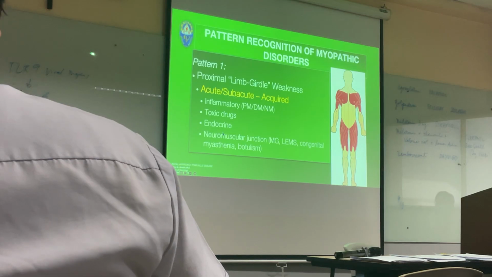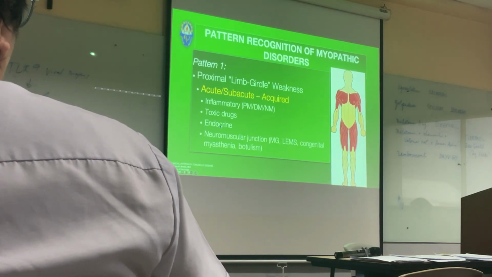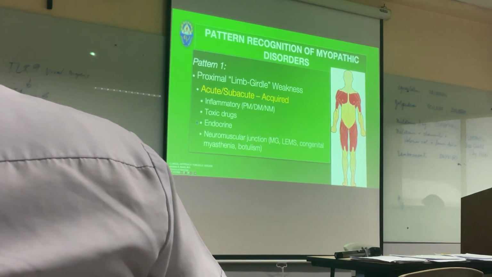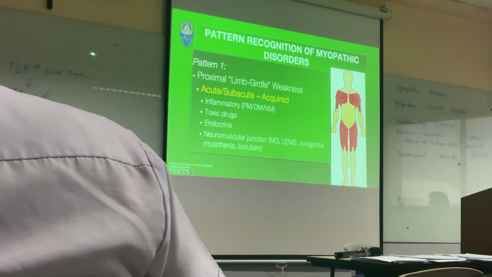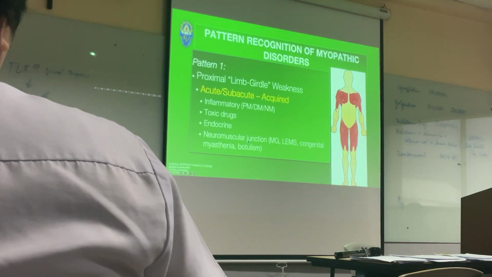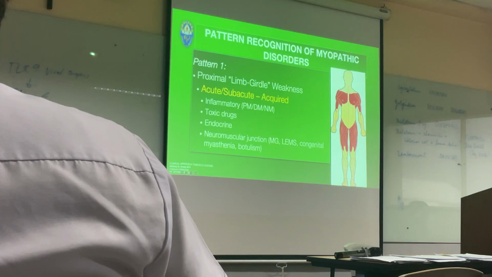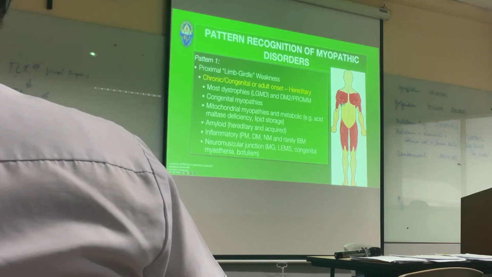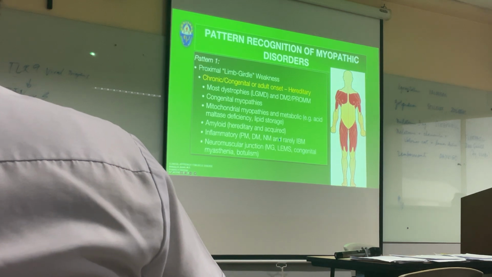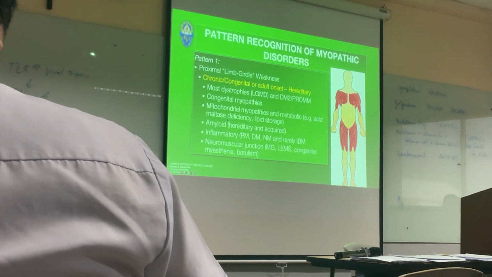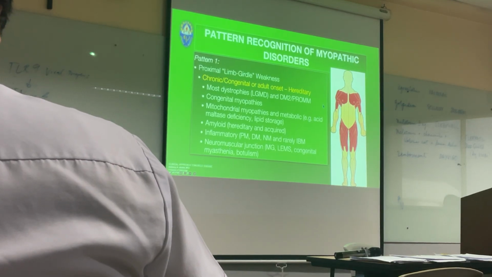Toxic drugs, endocrine, thyroid myopathy, and even the steroid-related myopathies. Okay. Chronic congenital muscular dystrophies. Okay. Limb-girdle muscular dystrophy, Duchenne muscular dystrophy. Okay. Mitochondrial myopathies, amyloid, okay, including inflammatory myopathies.